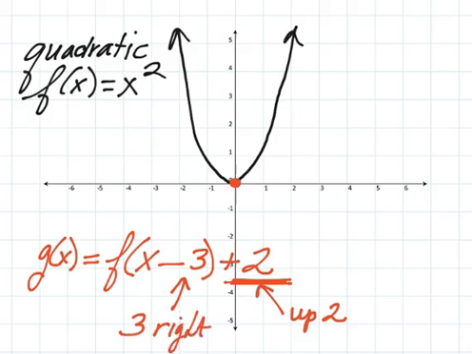Now right there you said, now Miss Fields, it can't be right, it's got to be left. It's got to be going to -3. Well, when we are outside the function, it's normal, it's logical, it's a +2, therefore you go up 2. But when you are inside the function, it feels very backwards.